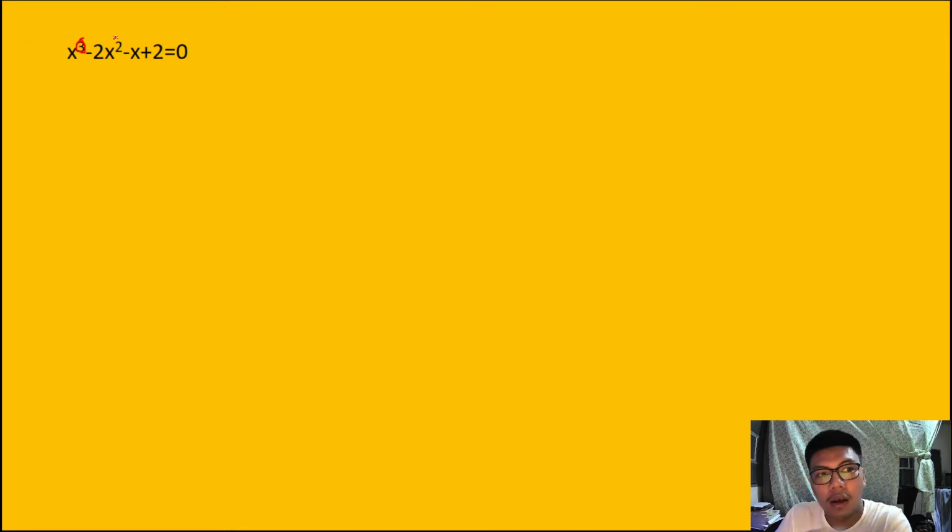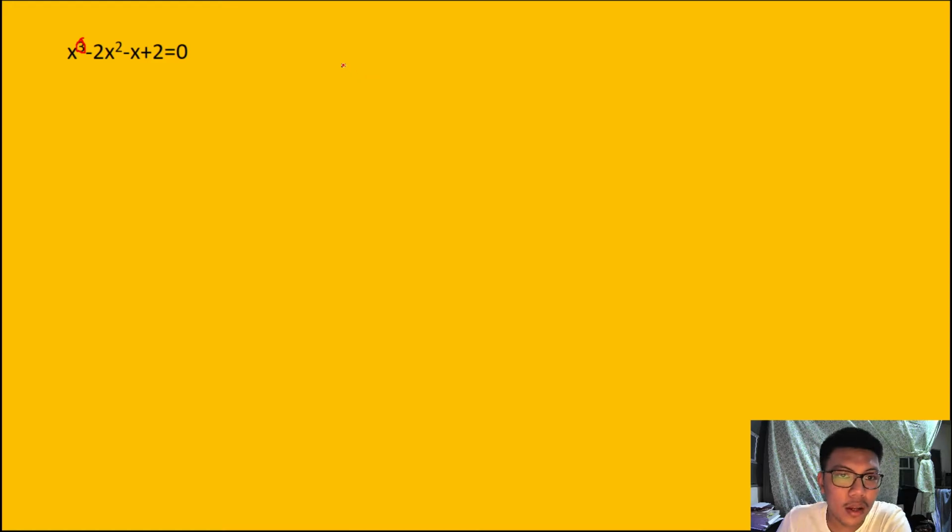Okay, so we can factor that equation into one first degree and the other factor is second degree. Okay, so pwede yun, ano? So paano natin gagawin? Okay, so we can apply synthetic divisions or we can divide polynomials or we can use factor theorem. Or we can simply tawag din yung trial and error.